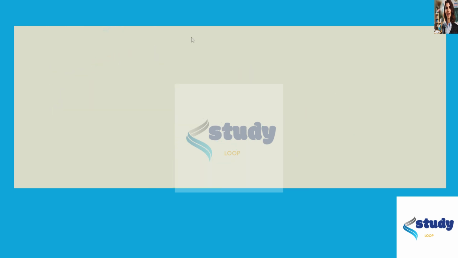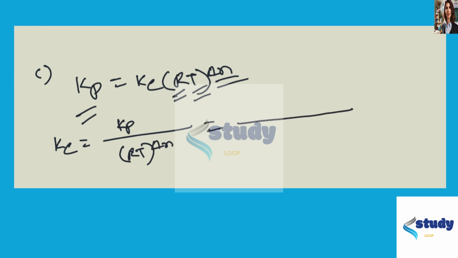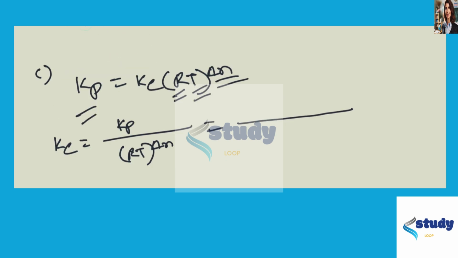Now we know the value of del N also. If we rewrite this as Kc equals Kp over (RT) to the power del N, the value of Kp we have just calculated is 0.274.